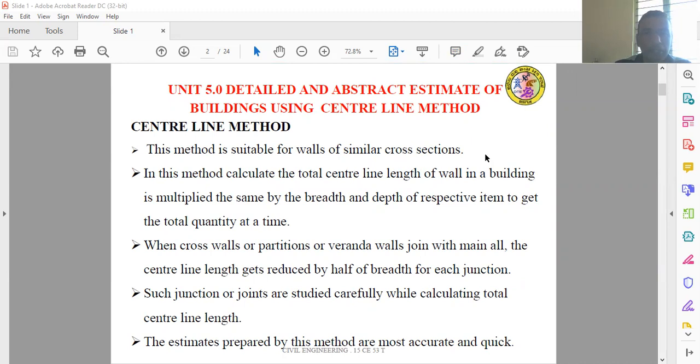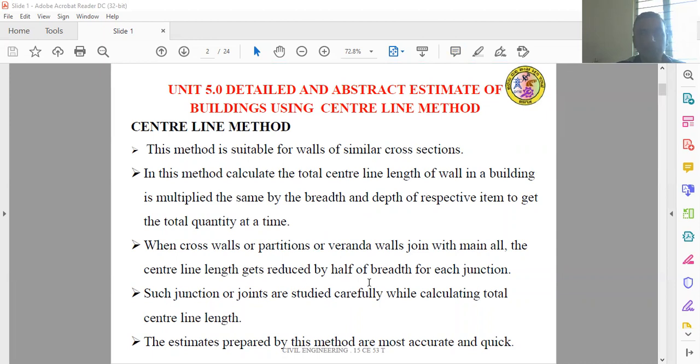In this method, the formula used for finding the true length of the wall is equal to the center to center length of wall minus the number of junctions into the particular breadth divided by 2 of the item. When a cross wall, partition wall or veranda wall joins with the main wall, the center to center length gets reduced.